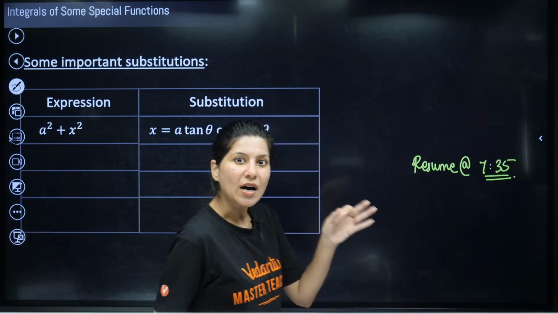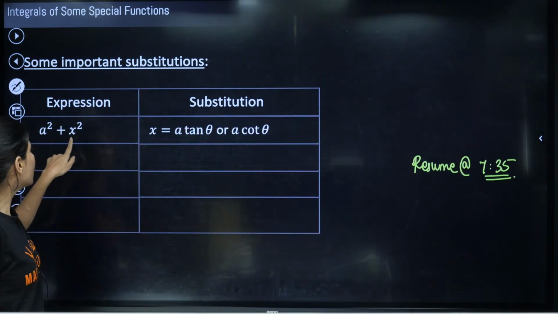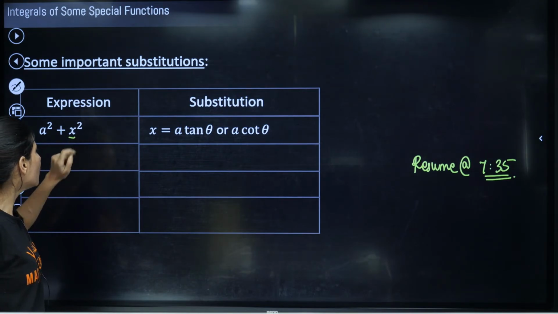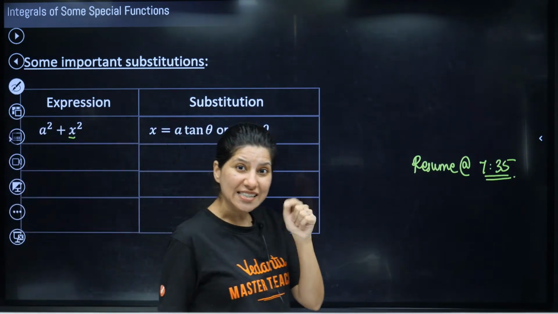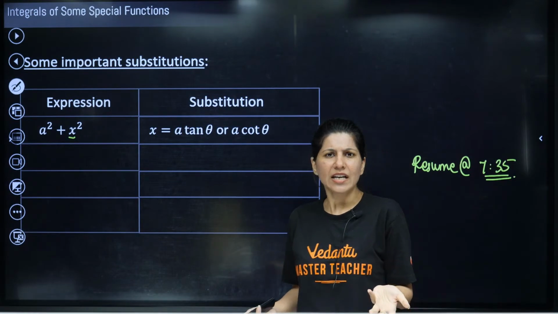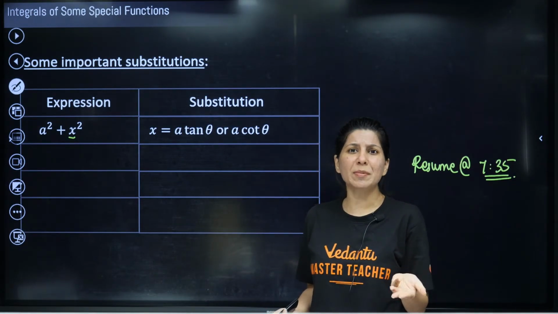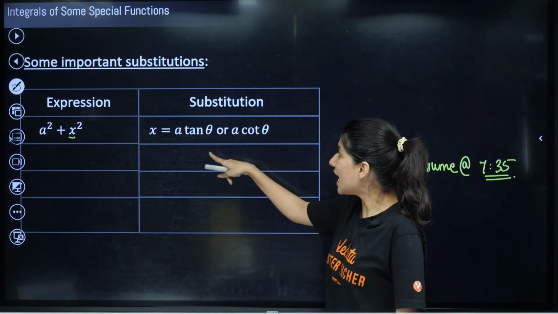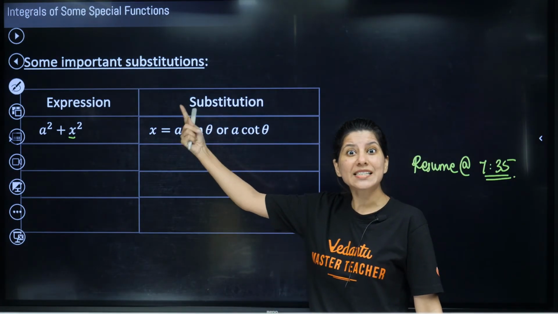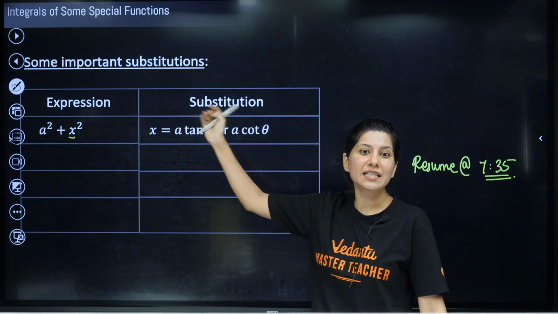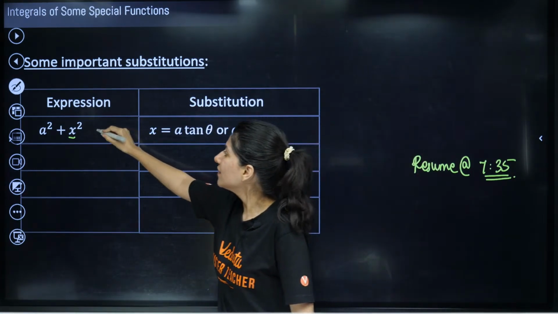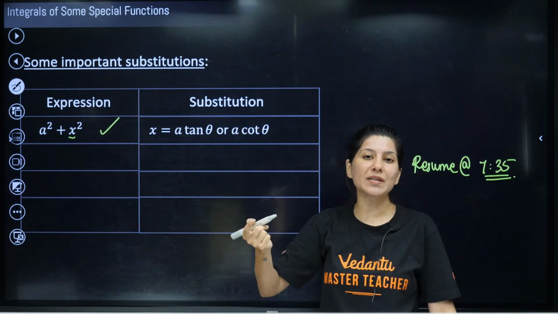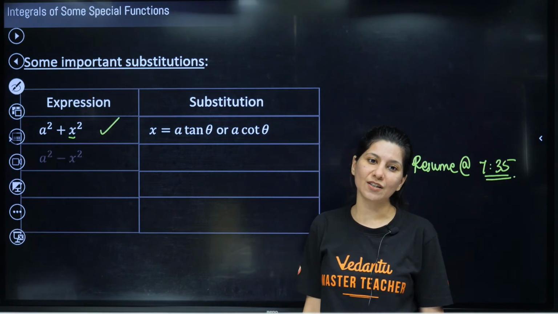So accordingly you have to think about a square plus x square. Now just tell me, if you put x equals a sine theta, will it make some formula? No, it will become 1 plus sine square theta. There is no such formula. But if you put tan or cot, then 1 plus tan square and 1 plus cot square is a formula. That's why the moment you see a square plus x square, remember tan and cot.